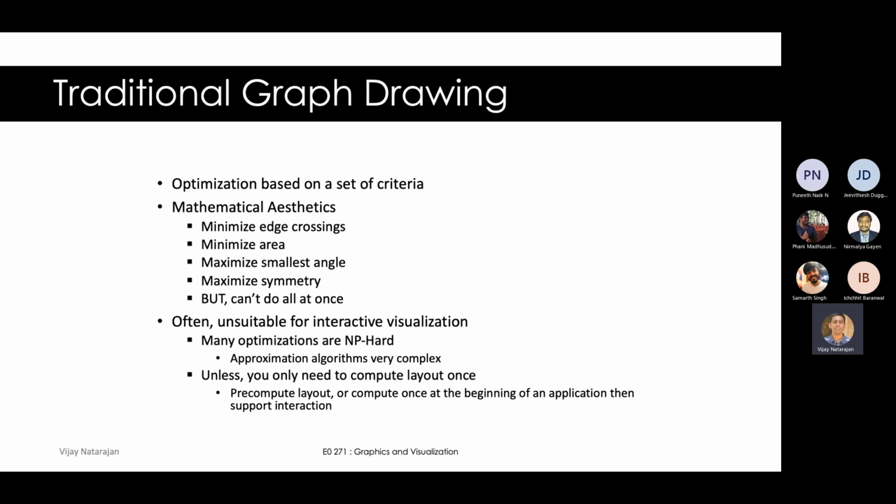So if you pose this as an optimization problem, then there is no tractable solution. There is no polynomial time solution often. And approximation algorithms also turn out to be quite complex to design. So the practical solutions are often greedy or based on heuristics.